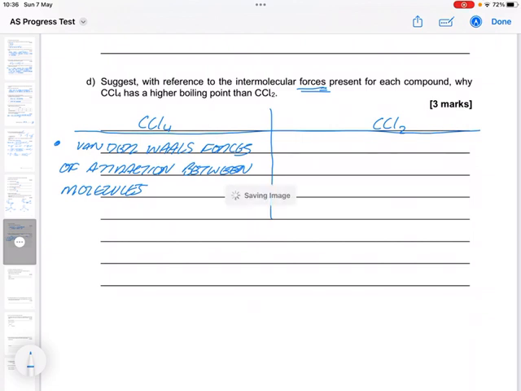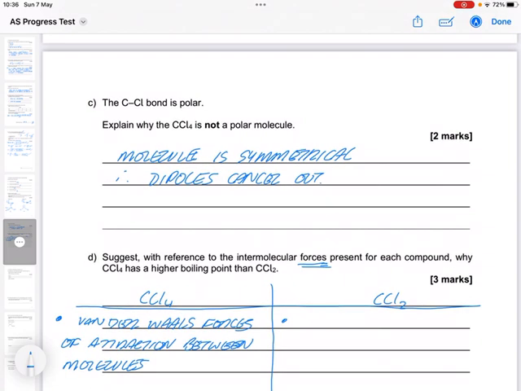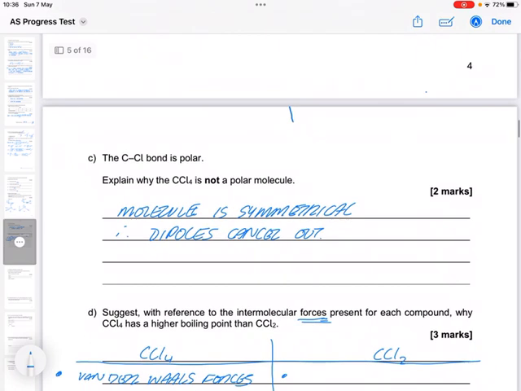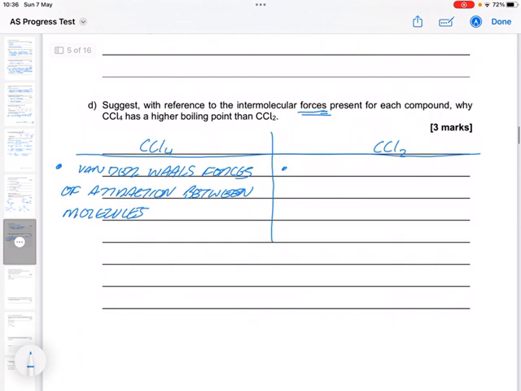Now with CCl2, if we go back to the diagram here, so I'm going to have delta minus, delta minus, and then carbon is going to be delta plus. So I've got my polarity here. However, it is talking about with reference to the intermolecular forces. So this will also have van der Waals. So let me put a VDW there so I can use that from here on in.